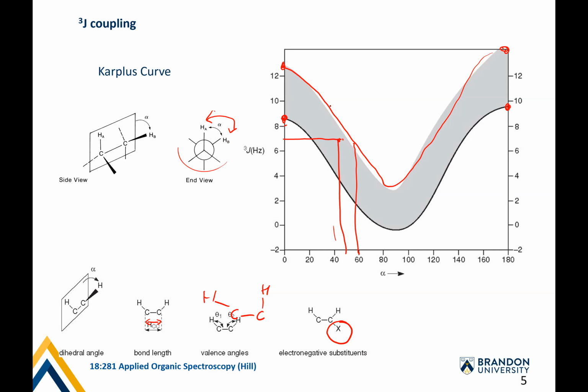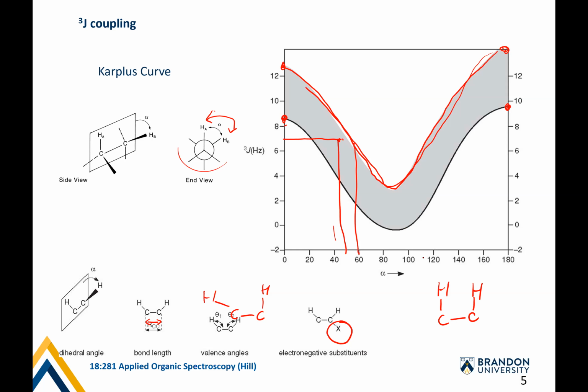There's a Karplus equation which goes with this, which you can plug data into, but that's well above what we're interested in. But it's interesting that if you've got a conformationally rigid system, you can use the coupling constants and this curve to determine: are the protons eclipsing one another? That would be a high value.